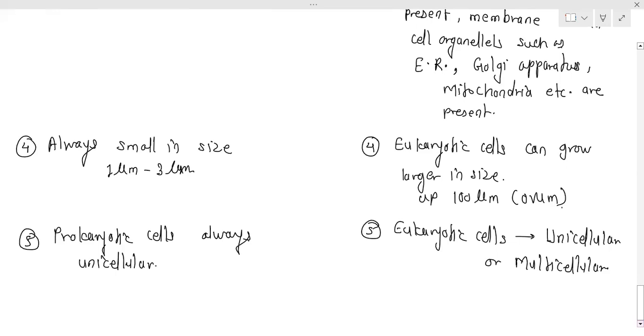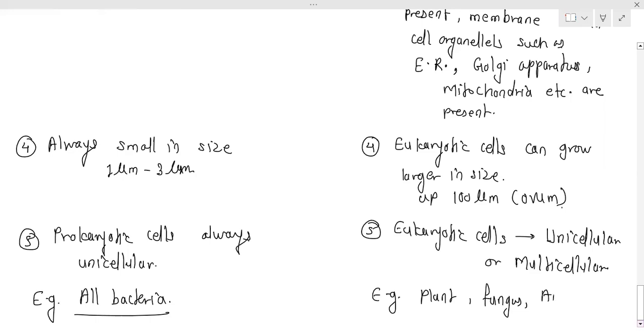Complete this much, then we will study prokaryotic cells. Let's write examples also. Remember, Vaibhavi, all bacteria are prokaryotic cells. All bacteria are examples of a prokaryotic cell. Here examples are plant cells, fungus, protozoan.